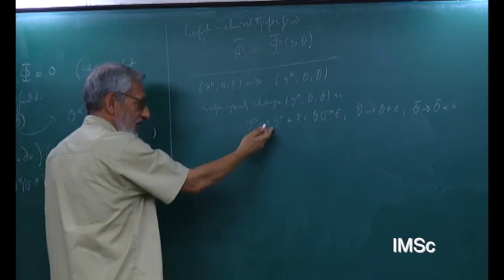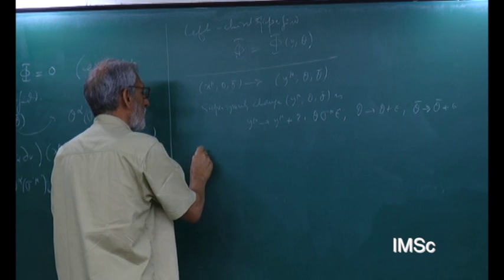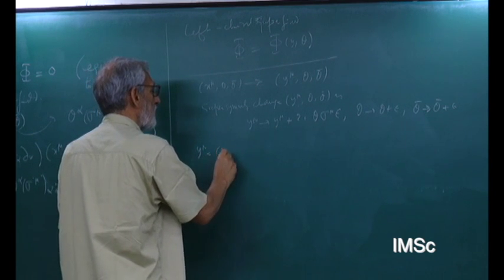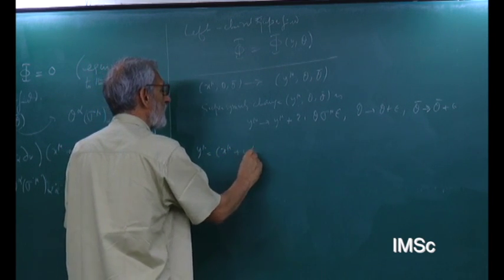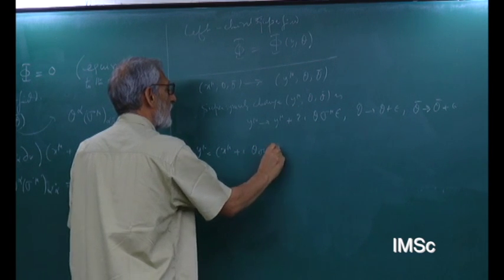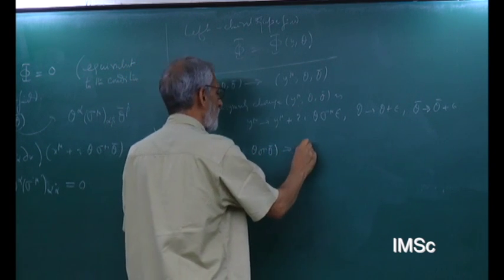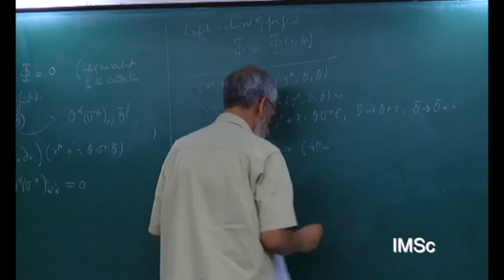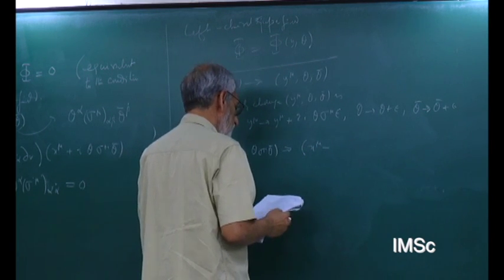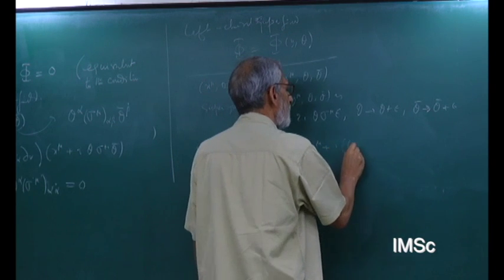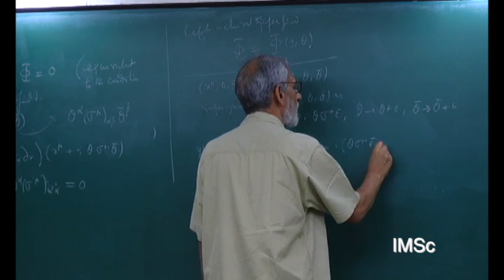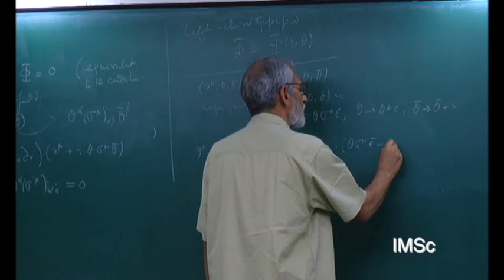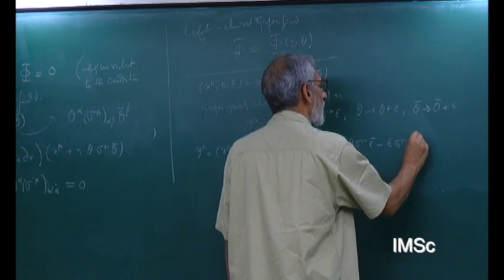It's straightforward to see that this is so. y mu was x mu plus i theta sigma mu theta bar, and this would change under supersymmetry. x mu would change to x mu plus i theta sigma mu epsilon bar minus epsilon sigma mu theta bar.